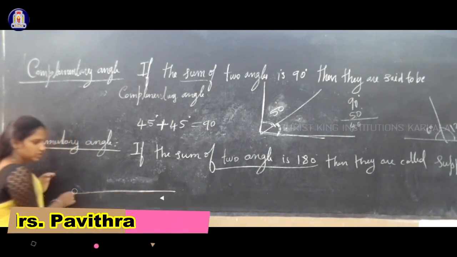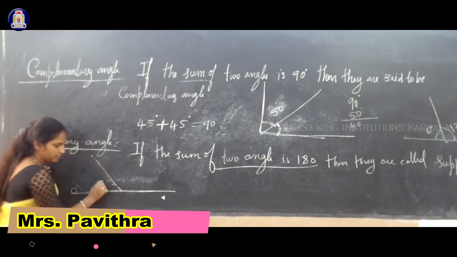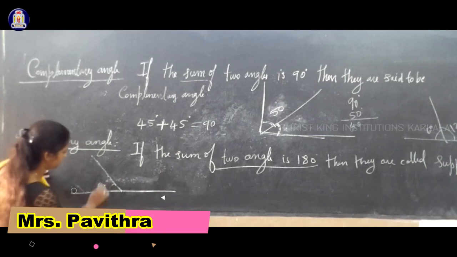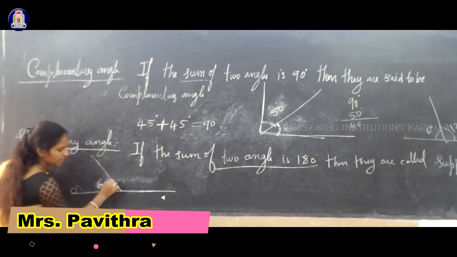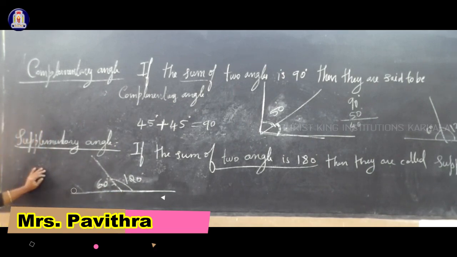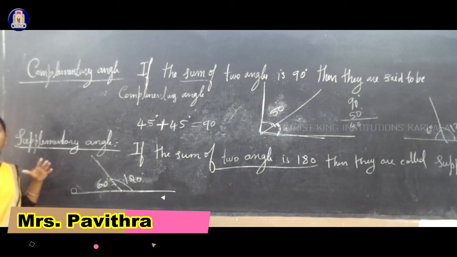Clear? So this is a straight line. If you divide it like this, one angle measures 60 degree and the other is 120 degree. So total 120 plus 60 is 180 degree.